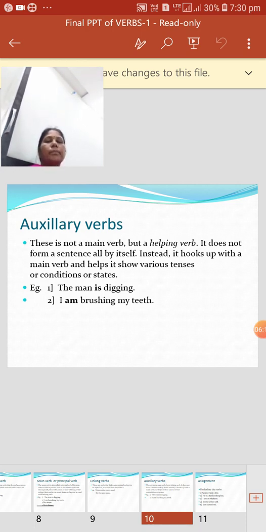Subject plus verb. The man is digging. Here is the auxiliary verb. And in second example, I am brushing my teeth. In principal verb we have seen that brushing was the principal verb. Here the helping verb is am. So am is the auxiliary verb.